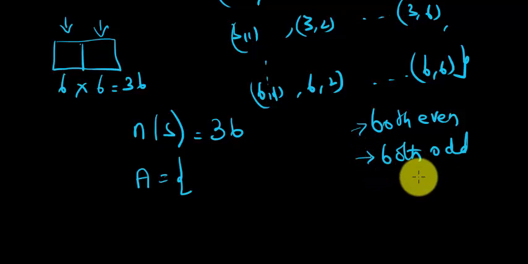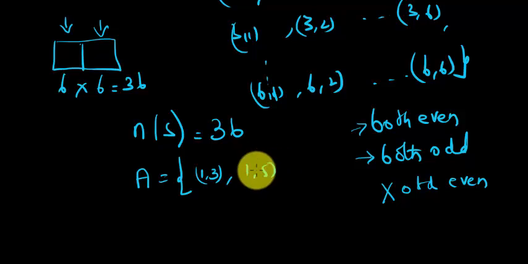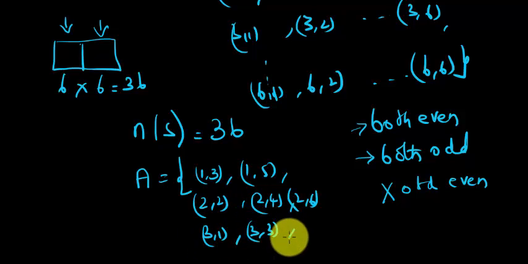Which means I have to leave out all the options where one of them is odd and one of them is even. This particular option I cannot consider. So I can write it down. 1 comma 1 is an odd number, so I can pair that with an odd number only: 1 comma 1, 1 comma 3, 1 comma 5, and that's it. Then 2 comma 2, 2 comma 4, and 2 comma 6. Now 3 comma 1, 3 comma 3, and 3 comma 5.